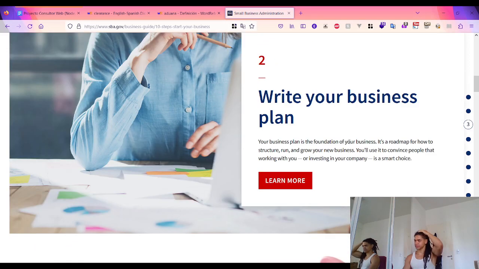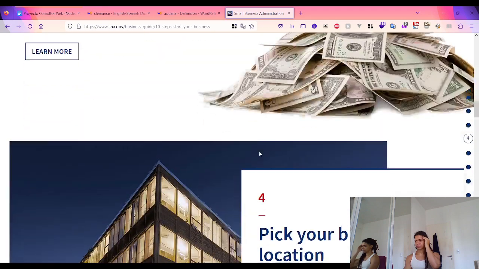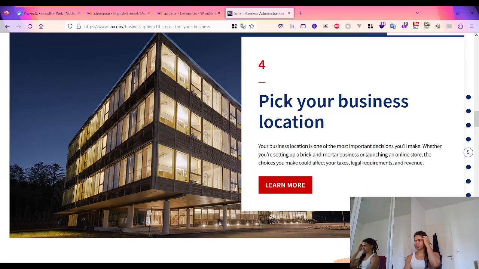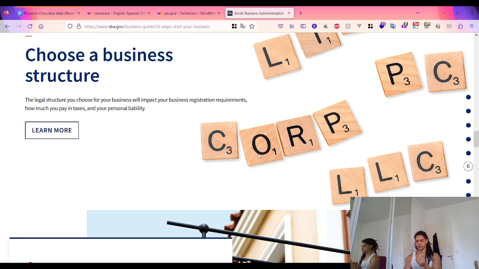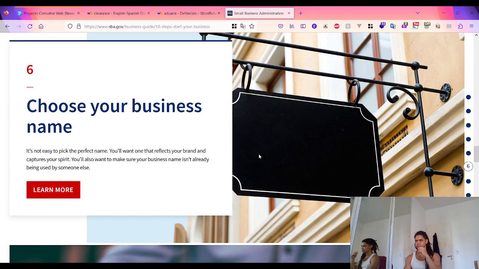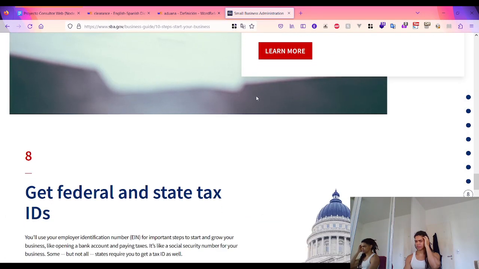Write your business plan. It's a roadmap to structure, run and grow your new business. You'll use it to convince people to work with you or invest in your company. Pick your business location. LLC. Choose your business name. Register your business.